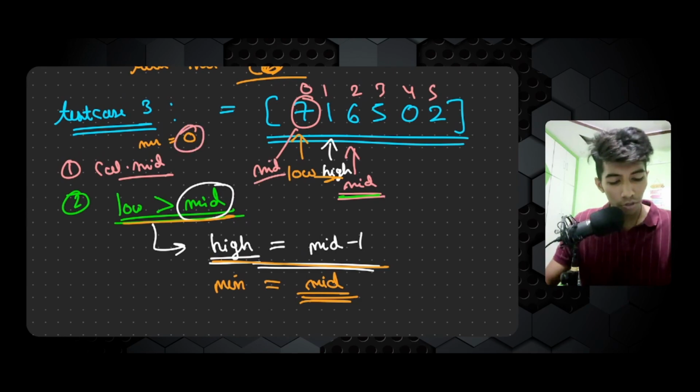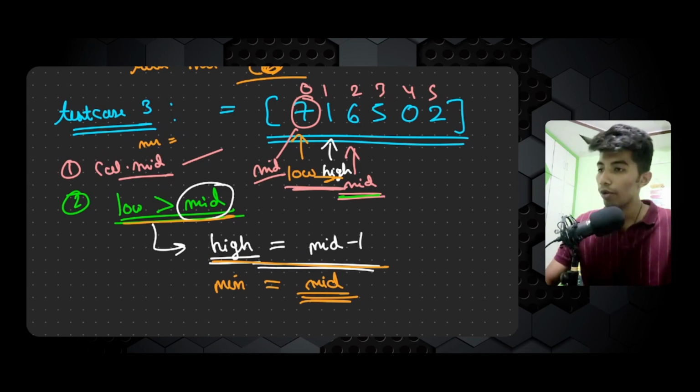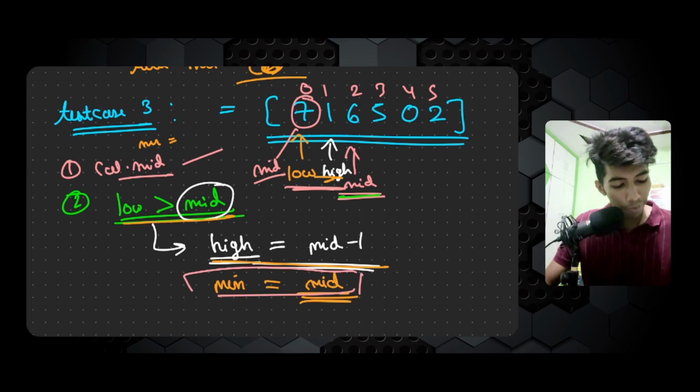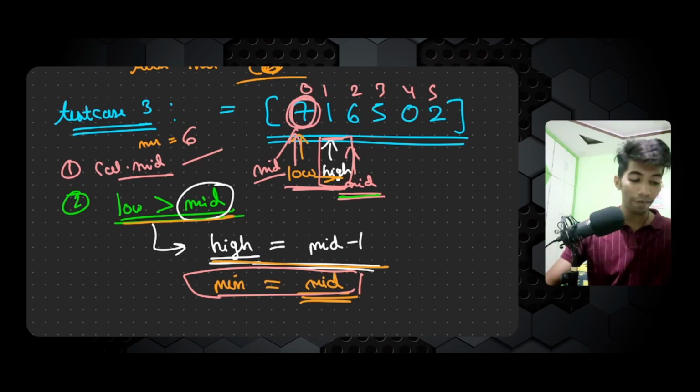When I check again, my minimum value, when I assign the minimum value as mid first, my min is now 6. Now I will check again, because my high pointer moves here, and when we calculate the mid again, my mid will come over this particular case, the 7.